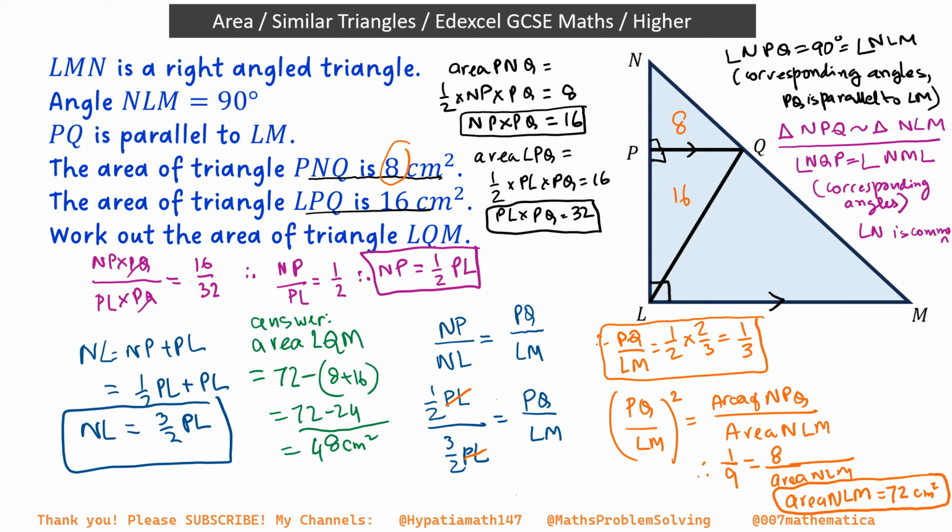So that is the answer, 48 centimeters square. So we had to do all this to get here, to get to subtract. We find the large area and then subtract these parts NPQ and PQL from it to get LMQ, which is 48 centimeters square.